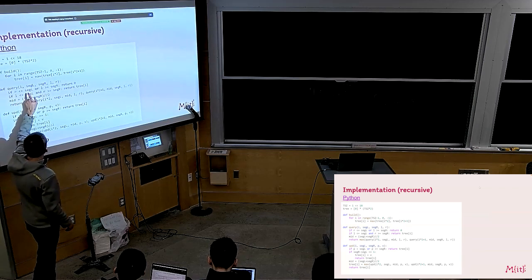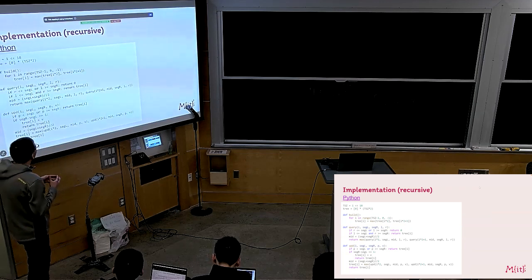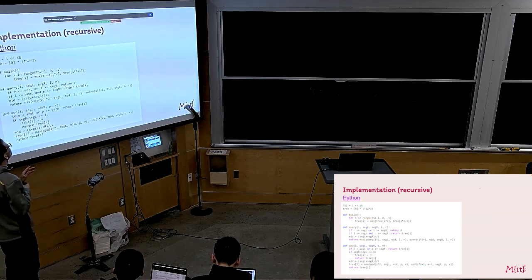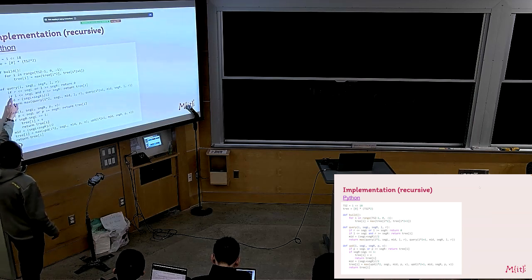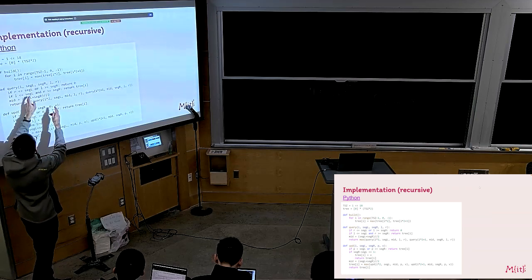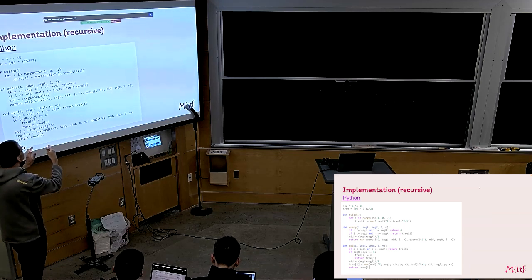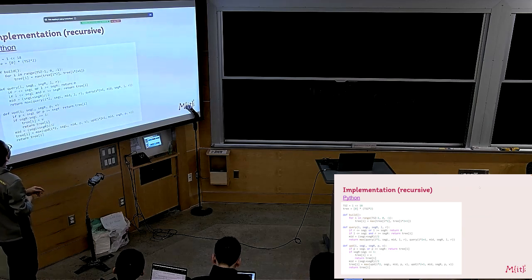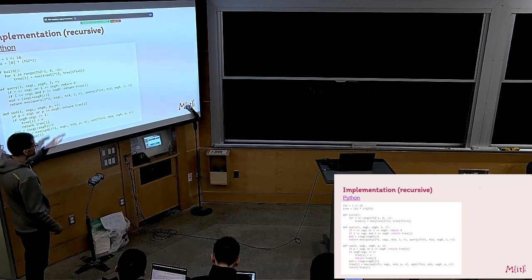If the L and R and segal, segar ranges are completely disjoint, then I just return 0, basically do nothing, because in that case there is no overlap. However, if L to R fully contains segal to segar, so basically the query range fully contains the segment, then I just return the value stored of the segment, and otherwise I recurse on the two children.